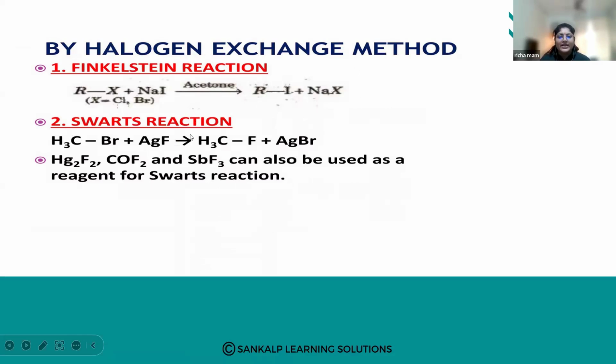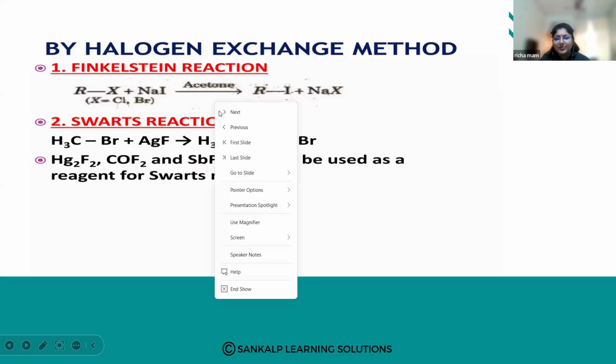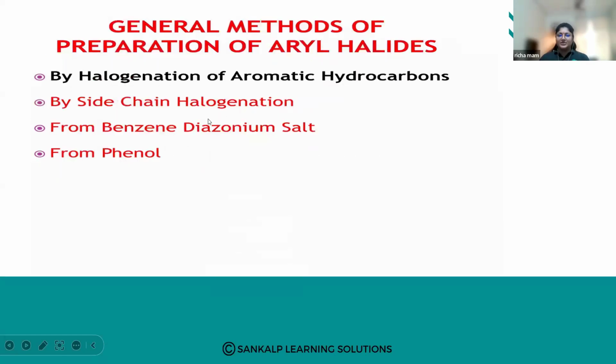In the Swarts reaction we get alkyl fluorides from alkyl bromides or alkyl chlorides when they react with metallic fluorides. We have taken the example of AgF. So we get the respective fluoride substituted alkyl product plus AgBr. This is a very important halogen exchange method.